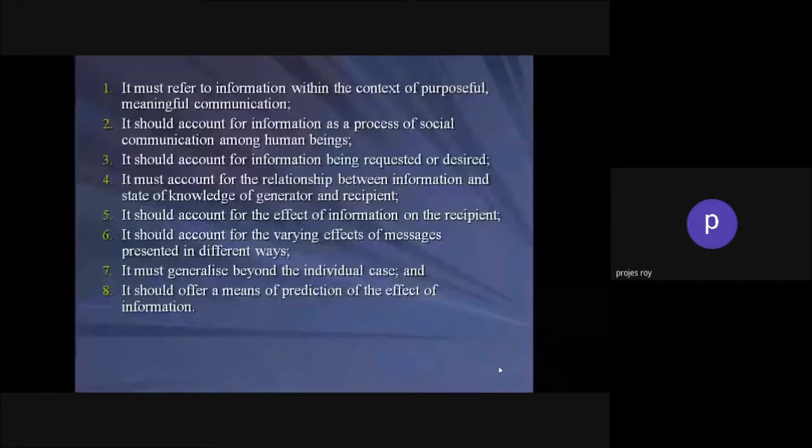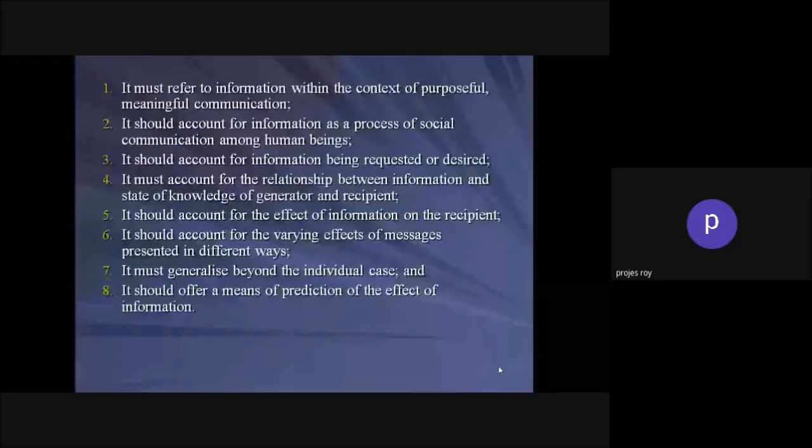So information always needs to have a kind of social nature, and it is person to person, and of course it should be meaningful, and it should account for information being requested or desired. If somebody is asking or desires, then only can information be provided.